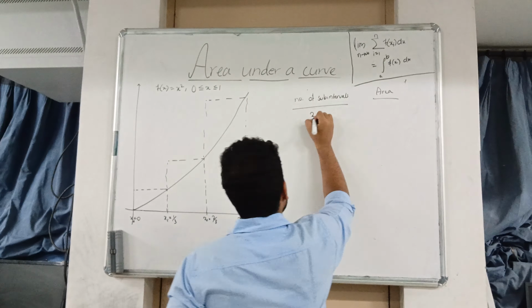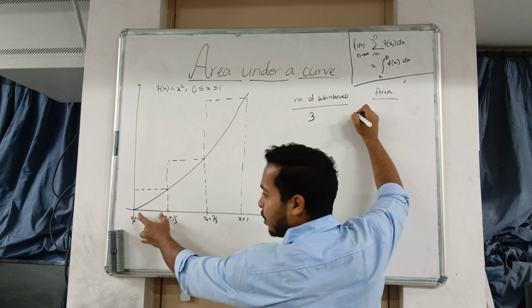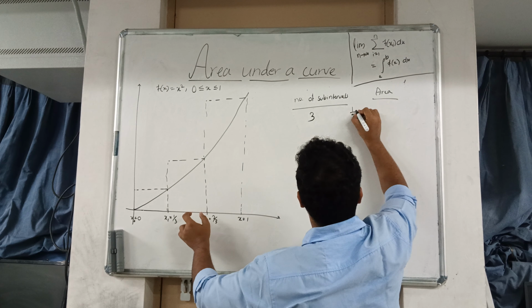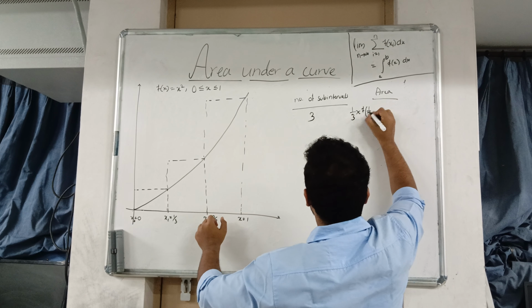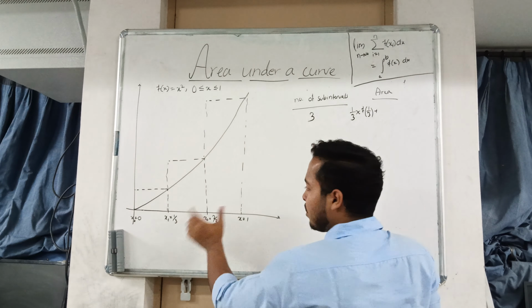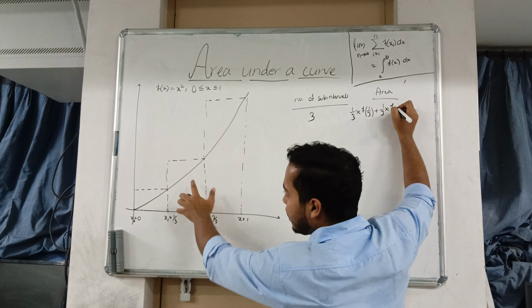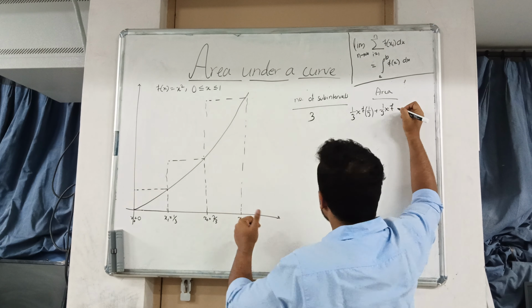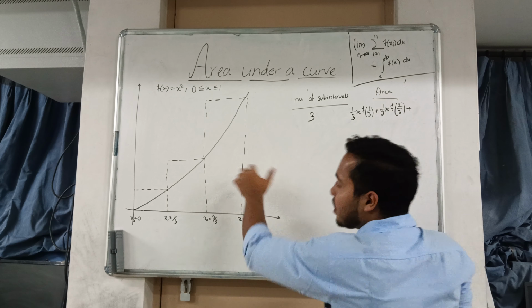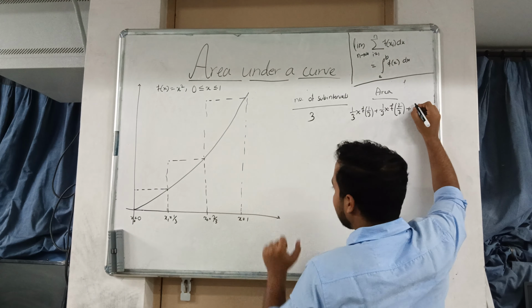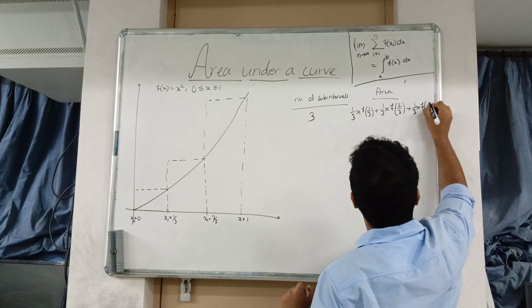So the area would be the area of the first rectangle, that is the width of the first rectangle, which is 1 by 3, into the height of the first rectangle, that is f of 1 by 3, plus the area of the second rectangle, which is the width of the second rectangle, that is 1 by 3, into the height of the second rectangle, that is f of 2 by 3, plus the area of the third rectangle, where the width of the third rectangle is 1 by 3, into the height of the third rectangle, which would be f of 1.